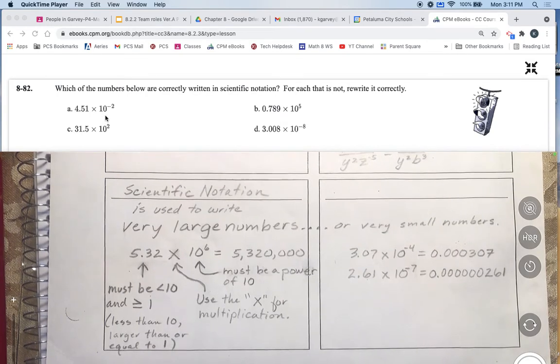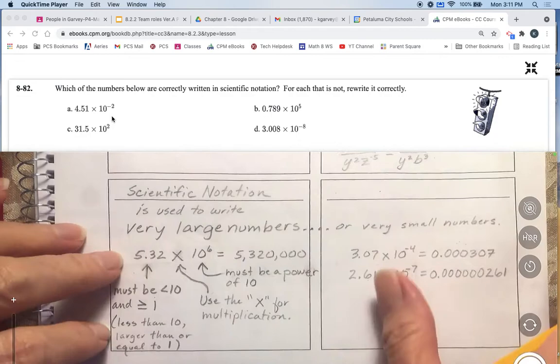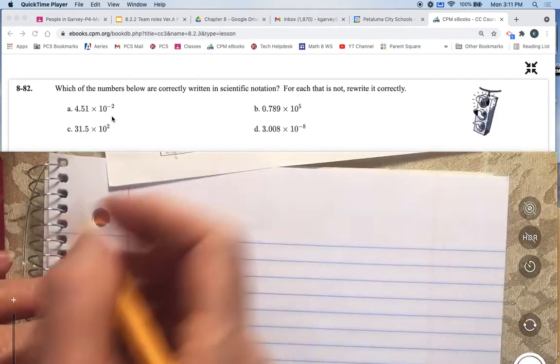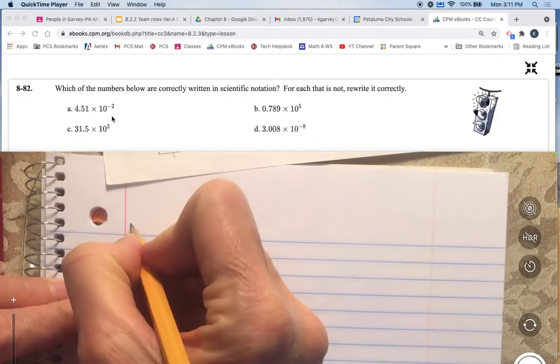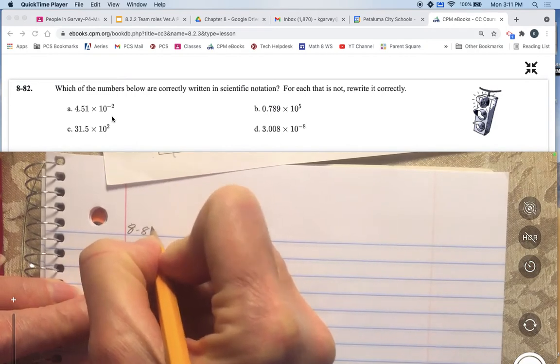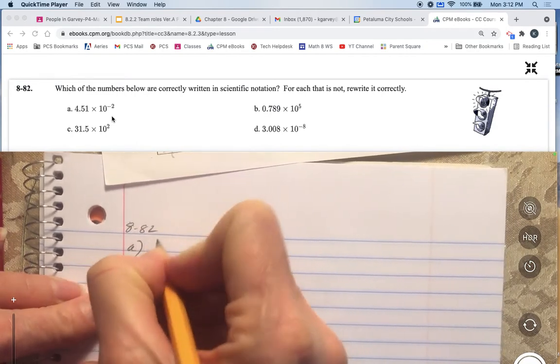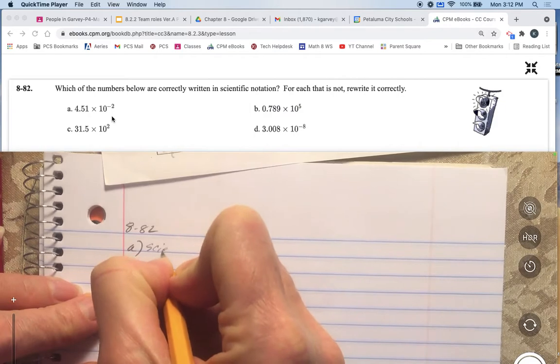So it needs to be a power of 10, it needs to be a base 10, and then have some exponent, and it does. So we know right now that A is written correctly. Okay, so I'll just go ahead and write that down. So for 8-82, A is scientific notation.